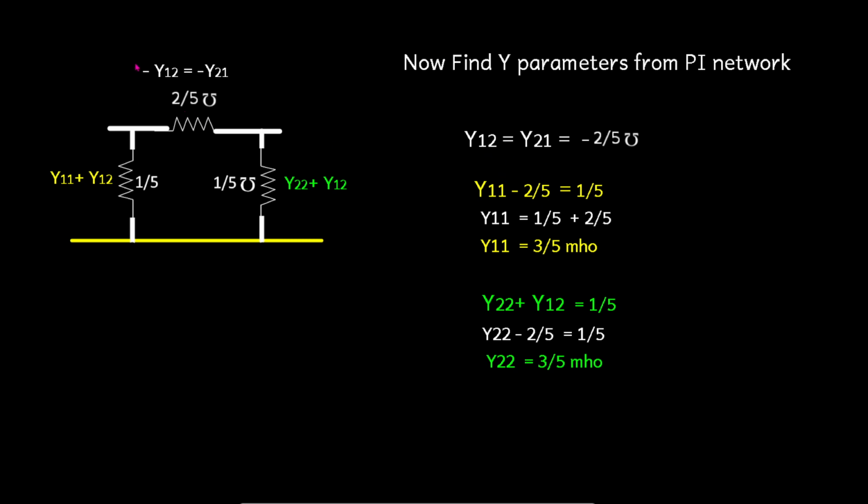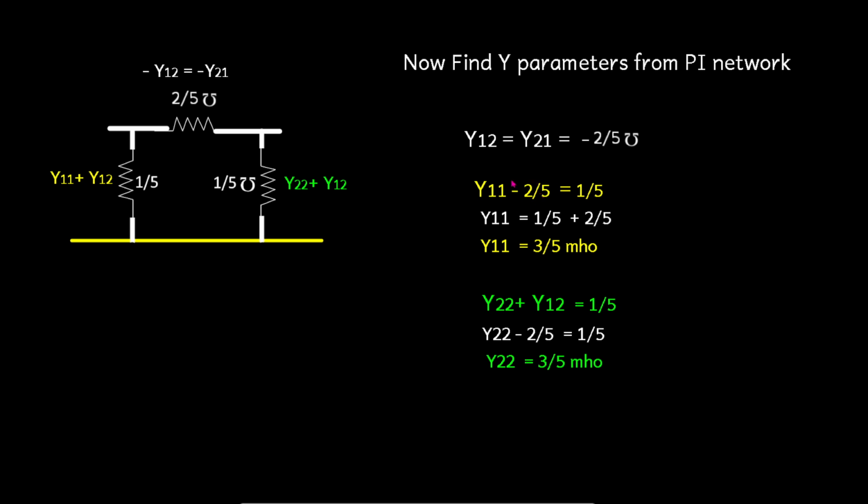So already from this, we come to know that it is minus 2 by 5 mho for this y12. And for y11 plus y12, we get this 1 by 5 value. So what is the value of this y11? It is 3 by 5 mho, isn't it?